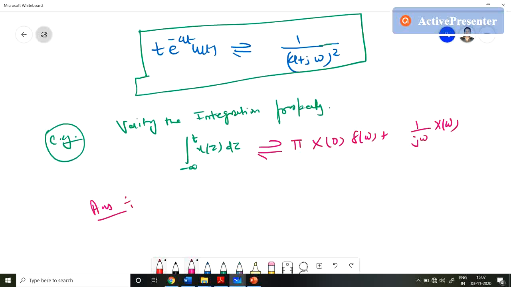So we can write x(t) as x(t) convolution with delta(t).